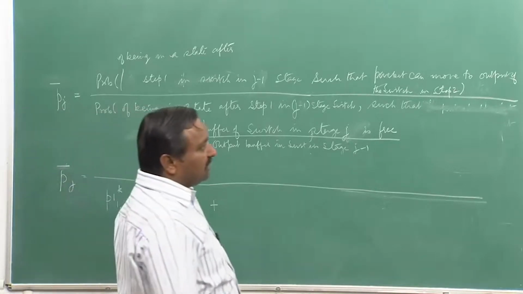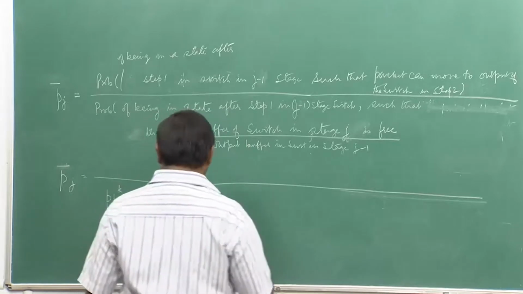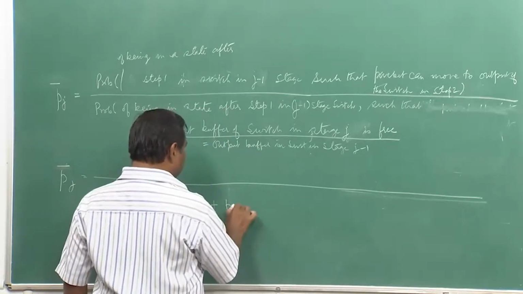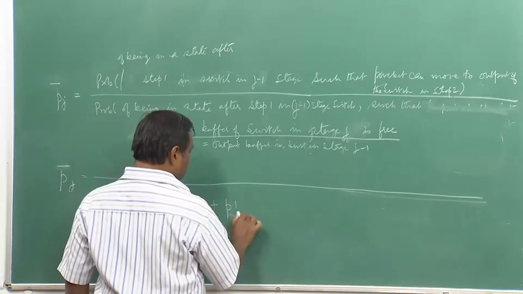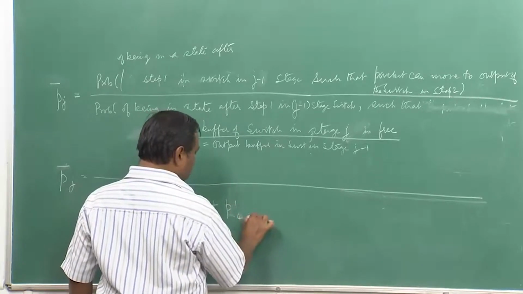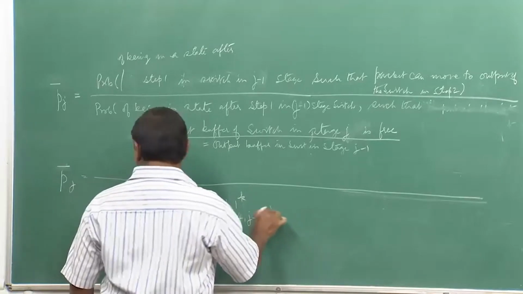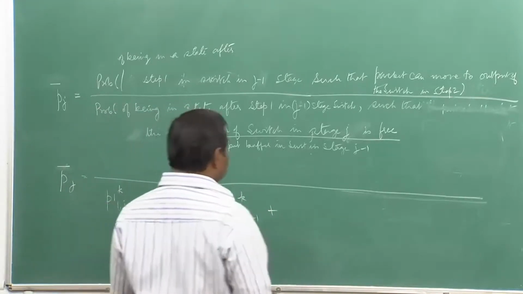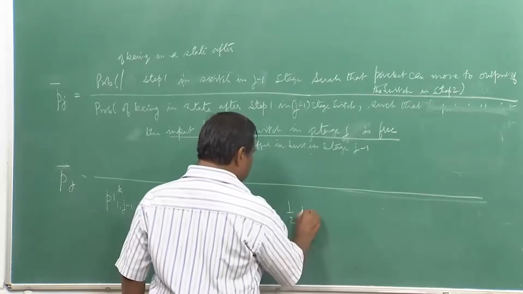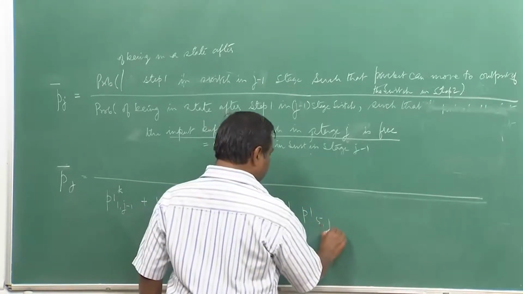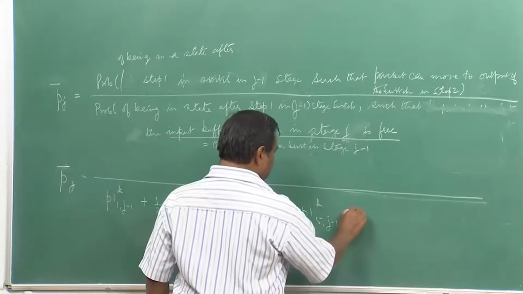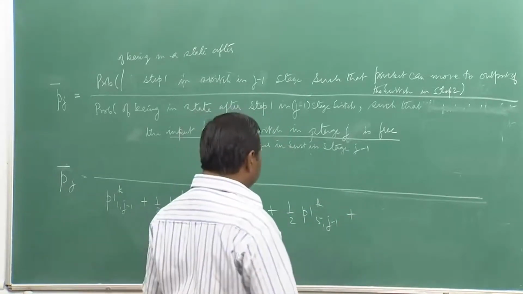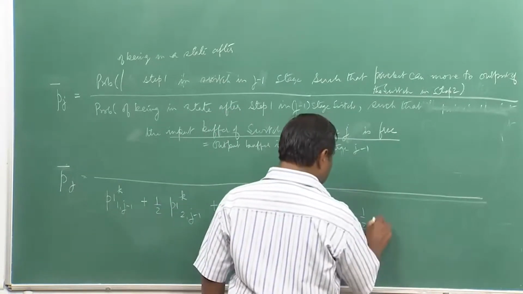So the third one will not come, the fourth one, yeah, both of them will come. So this will be half P of 1 4, j minus 1, k. Then we will have the fifth, with half only this will be happening. And then we will have the sixth, with half only it will be happening.